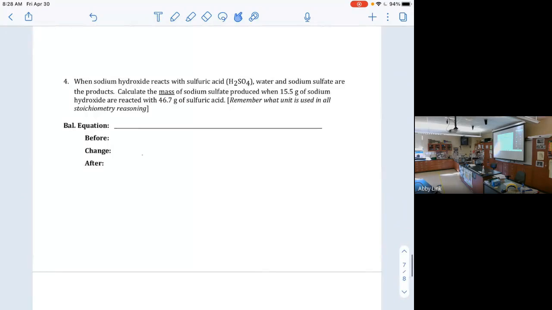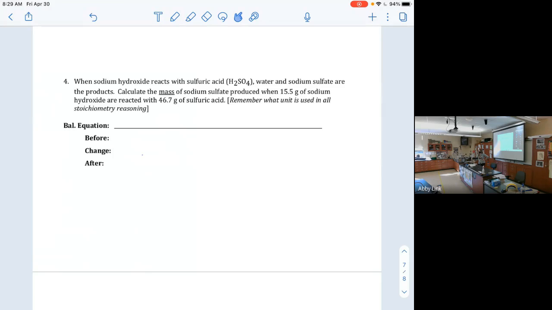All right, so I do want you to submit what you worked on yesterday's assignment. It's okay if something is totally wrong. We're going to go through number 4 here together, and then I'll do at least one other limiting reactant problem with you as well.